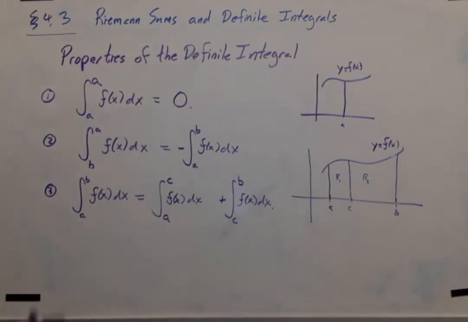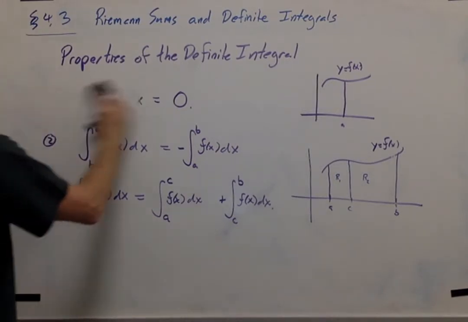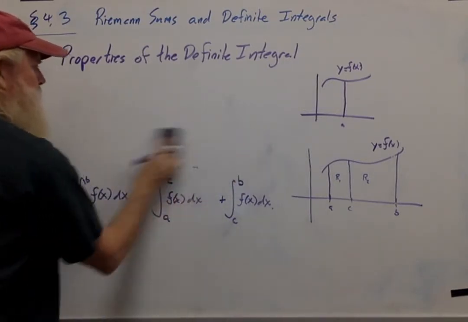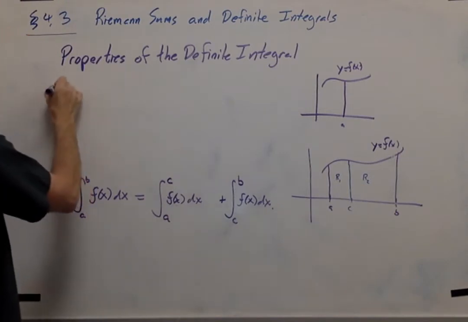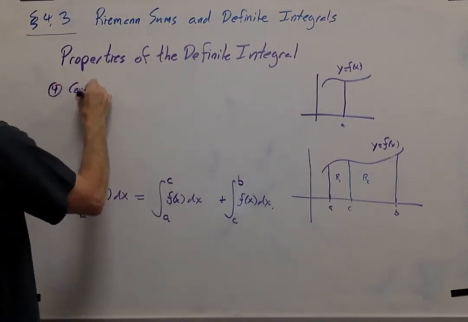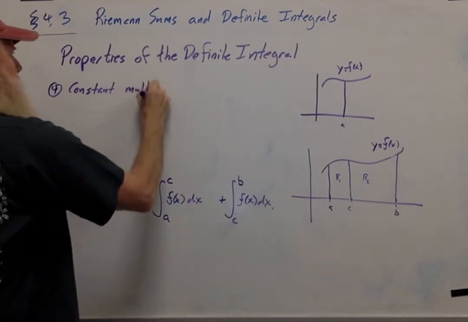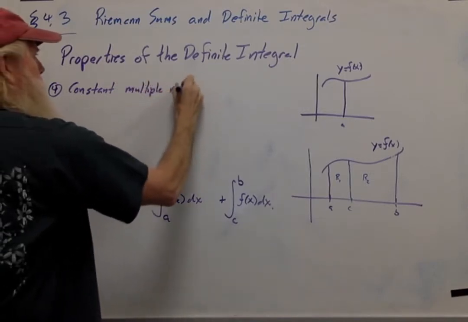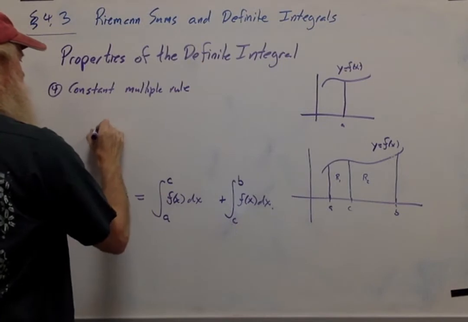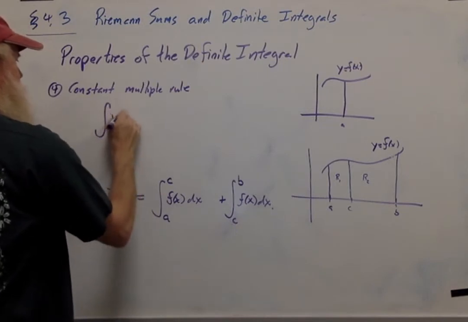For a couple more properties, the next property we can call the constant multiple rule. And it is similar to the constant multiple rules we've seen before.